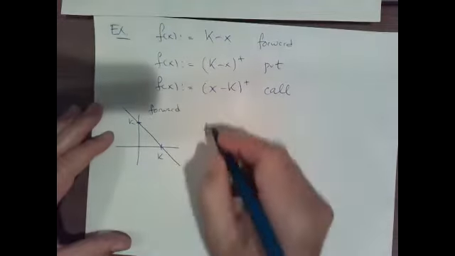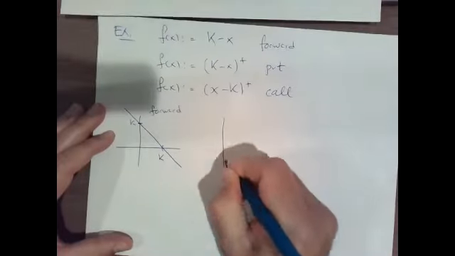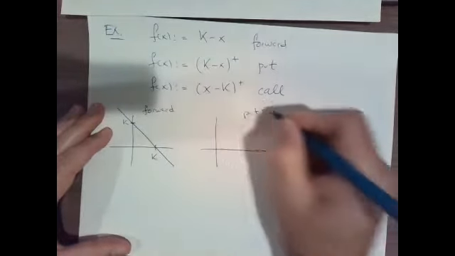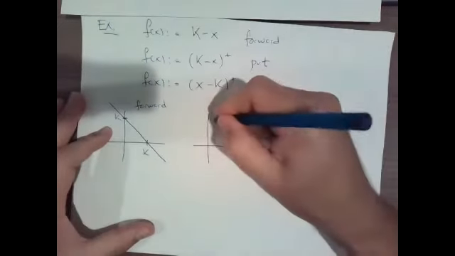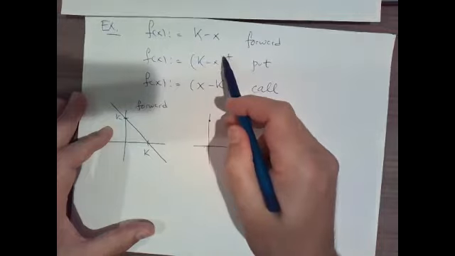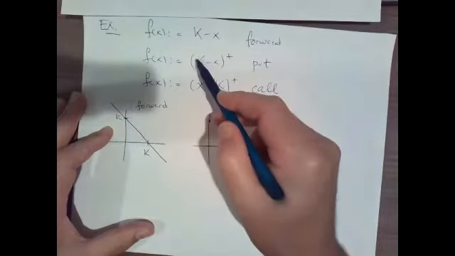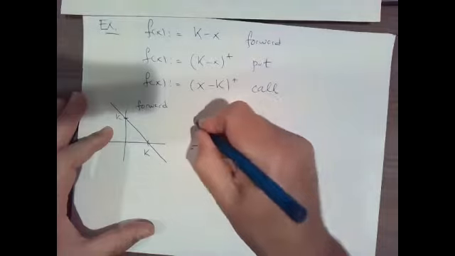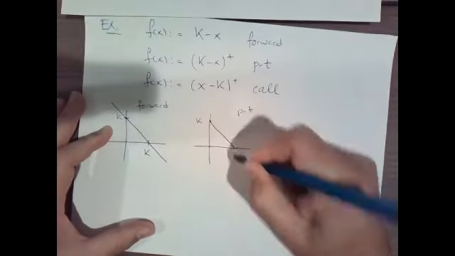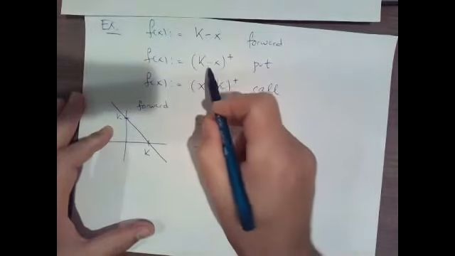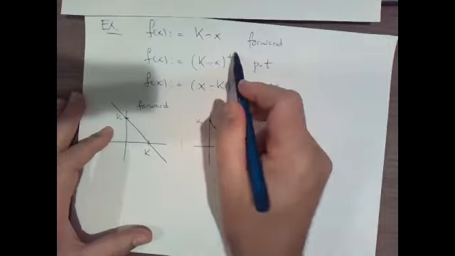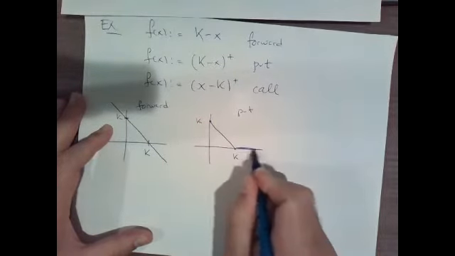If I look at the put, we had these pictures last time too. When x is equal to 0, you get k. Presumably k is positive. And then it's going to decay linearly down to 0. And then when x is bigger than k, you're going to get something negative in here. Take positive part, you're going to get a 0. So it's going to look like that.